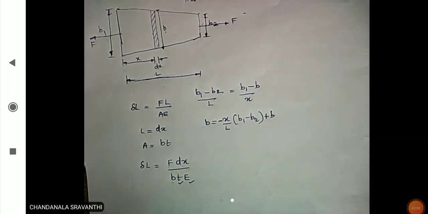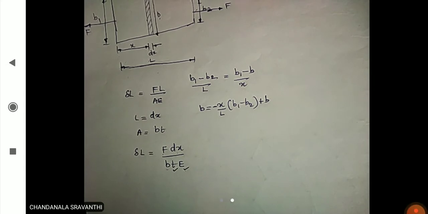Up to this is clear, I guess. So we have calculated the unknown parameter b in terms of the known parameters B1, B2 and L.